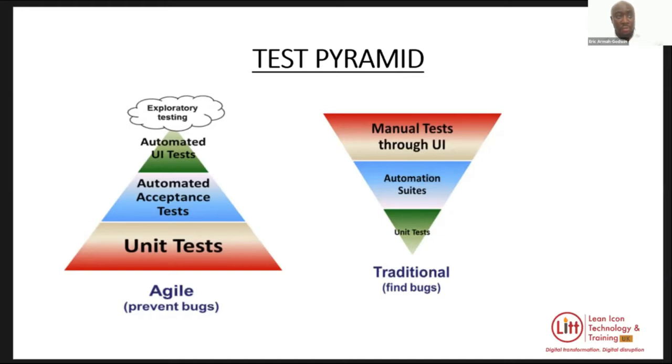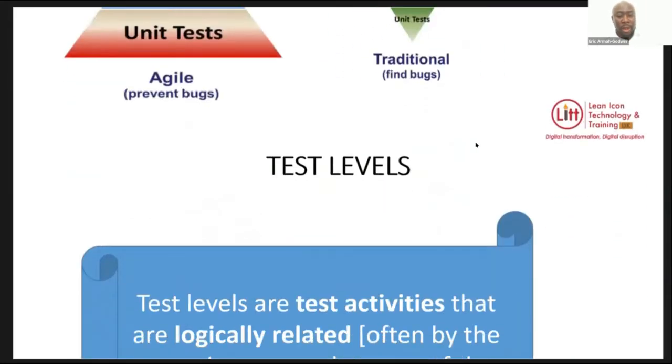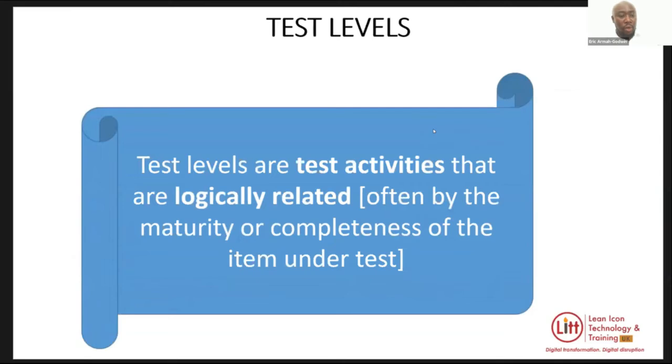Towards the end of the whole session, in about 2-3 sessions' time, we'll be looking at some of these tools. The opposite of the Agile one is of course the traditional one, as you would expect. I'm going to move quickly on to test levels.